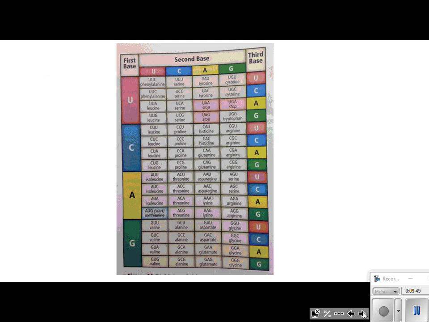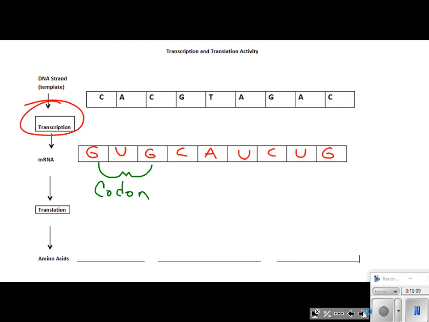I find it, I read G, I read U, I read G, and it is G right here, U right here, and finally, G right here. GUG is valine, right? So I just simply put valine.